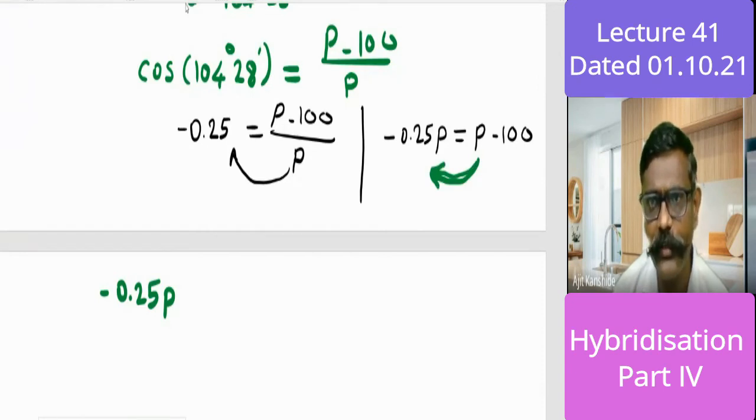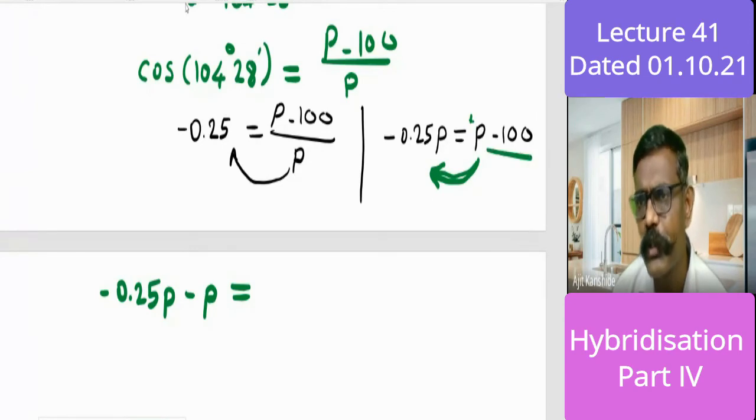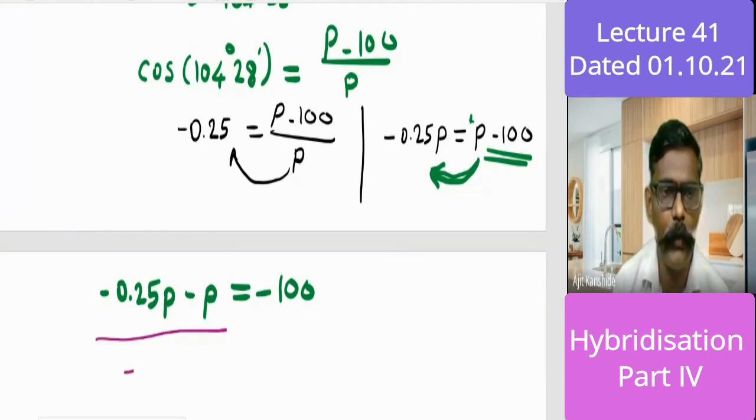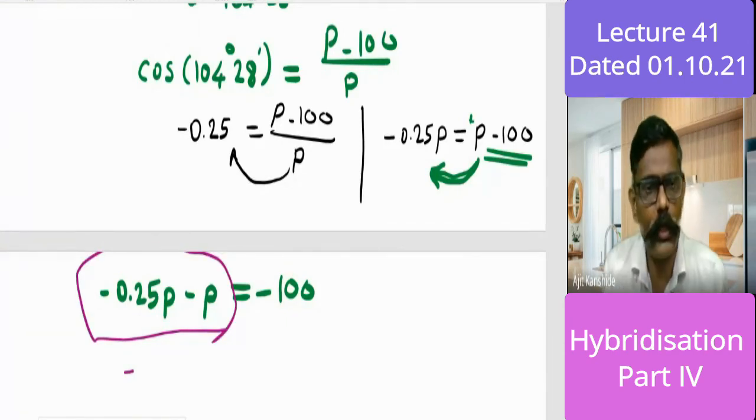Here it was with the plus sign, so it will be minus P, which was wrong previously. This is equal to minus 100 as it is. Let us simplify this: minus 0.25 P minus P. What's the answer? I am asking you to solve this portion.